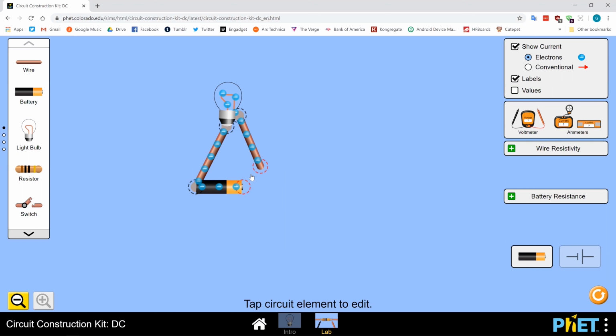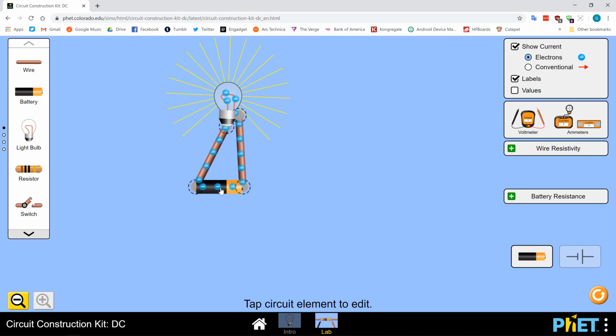As soon as I broke that connection there, I can't get the current to flow anymore because I've isolated my circuit from the source of potential difference. So you need a source of potential difference and then a complete path. Whether you have something like the light bulb in the path that does something interesting or not isn't really important, because I could make a circuit with just the wires if I wanted to.